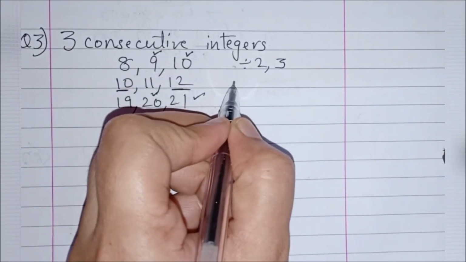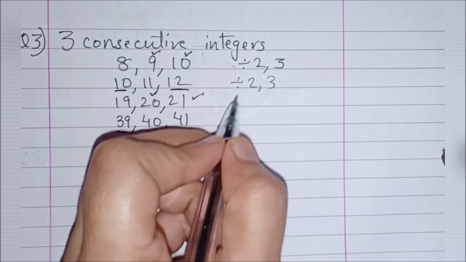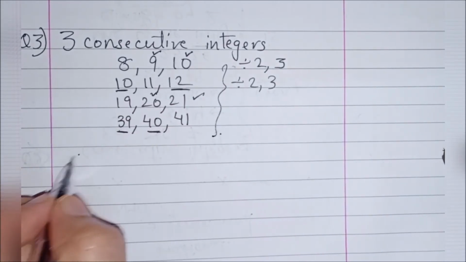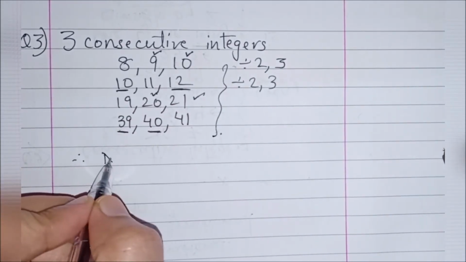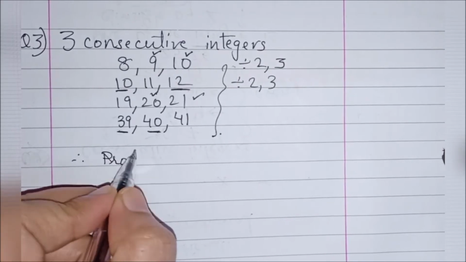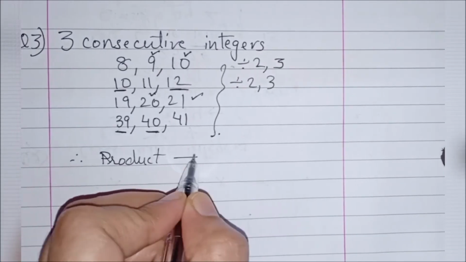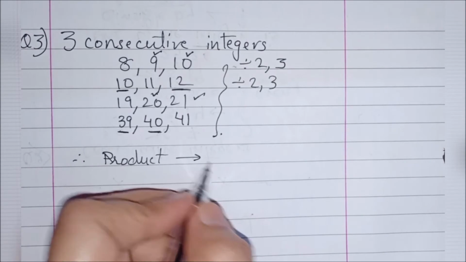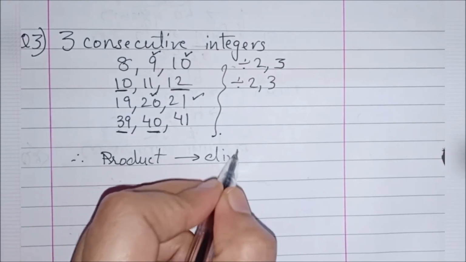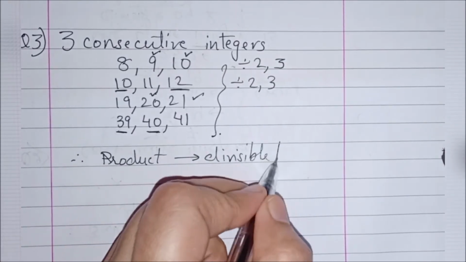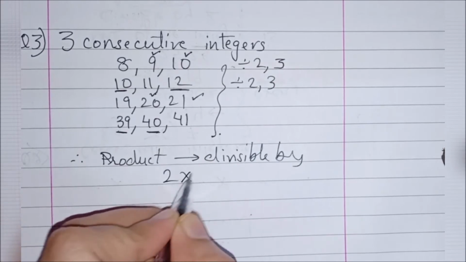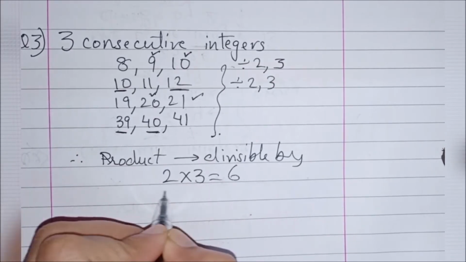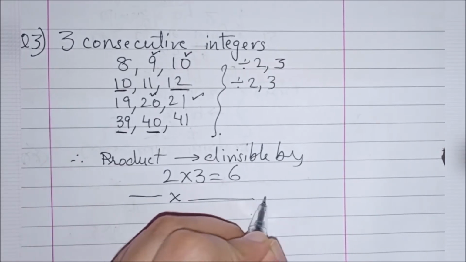So all of these definitely have 2 and 3 as factors in the product. So the product will have the factors 2 and 3, that is 2 into 3 equals 6. So the product will be divisible by 6 for sure.